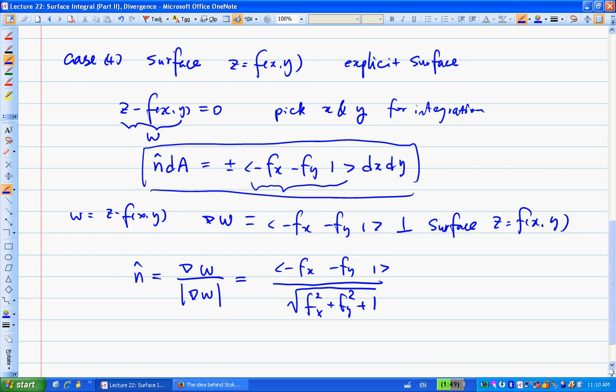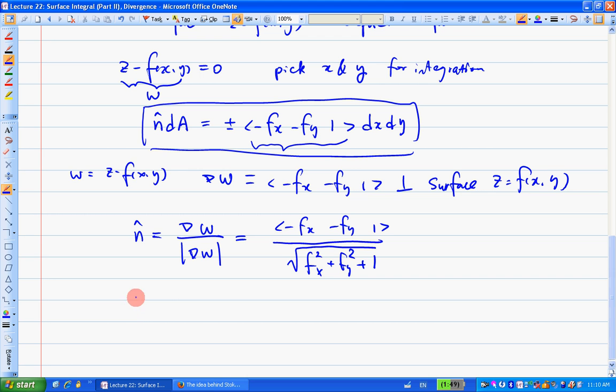So then naturally, let's go back here. This is n hat dA equal to this. This is n hat. Now, can you tell me what's dA now? If this is n hat, this is n hat dA, then dA must be what?